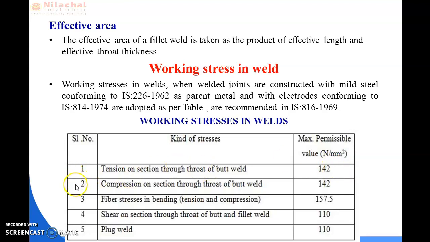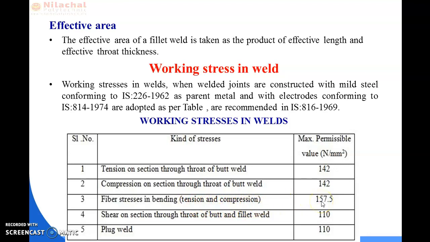Then for the compression on section through throat of butt weld, the maximum permissible stress is given as 142 Newton per mm square. Then the third one is fiber stresses in bending, that may be due to tension or due to compression.